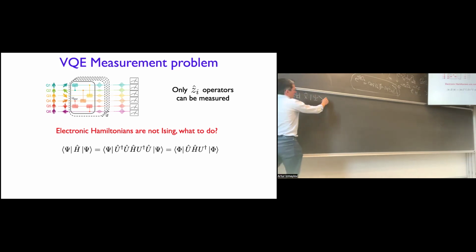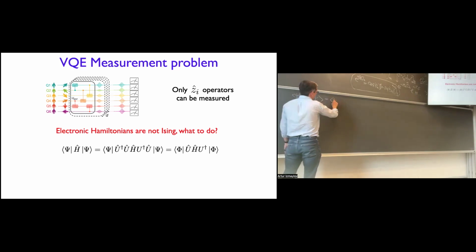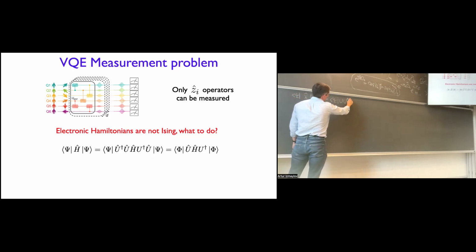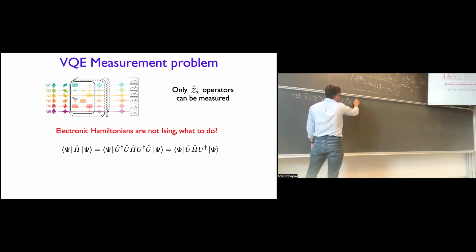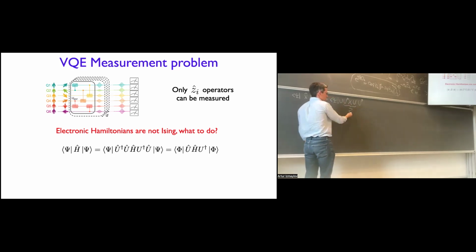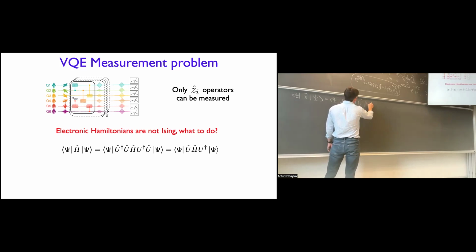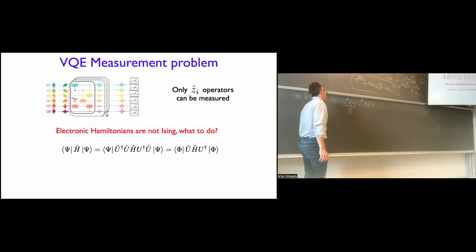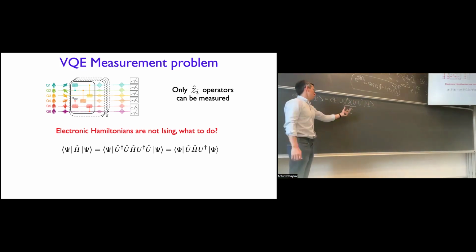Then one can put in unitary transformations like done there. The whole purpose of that transformation is to make x become z, which we can measure. Because x is not z, we put U, and then to compensate for this U, we put another one.